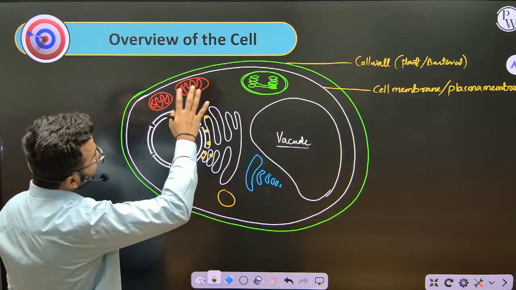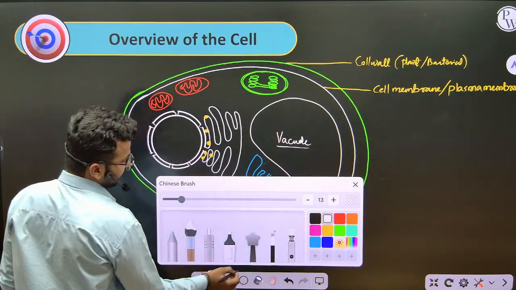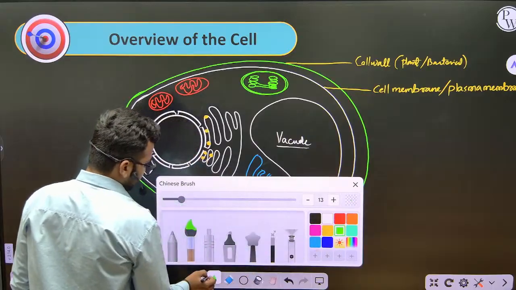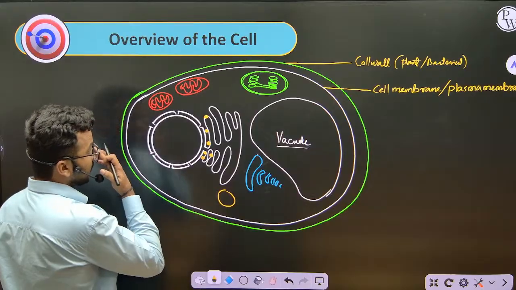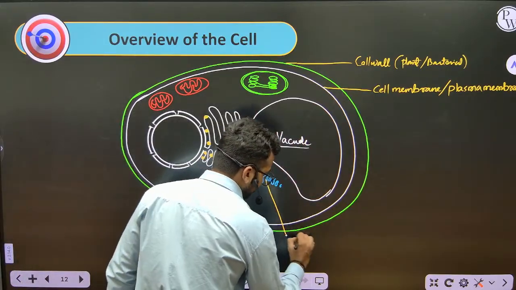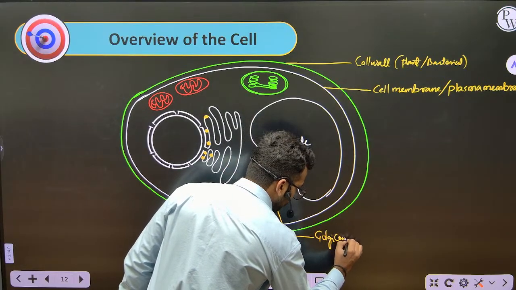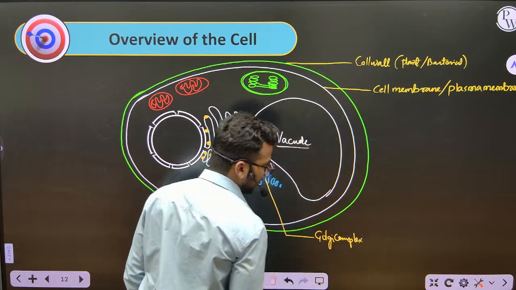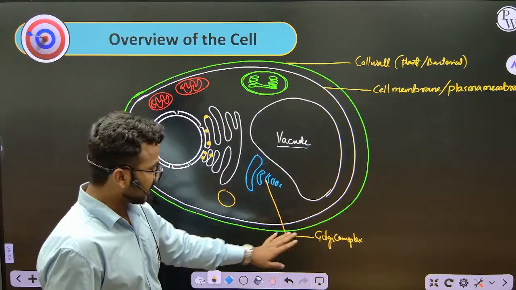So when we discuss the cell organelles, so far what we have discussed, let us label that. We'll label all of this. So it is vacuole we know, and this is Golgi complex or Golgi apparatus or Golgi bodies, dictyosomes in plants you can call.